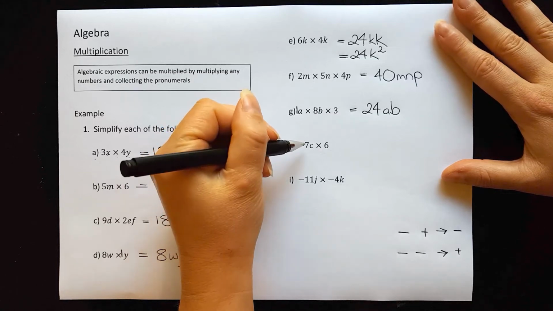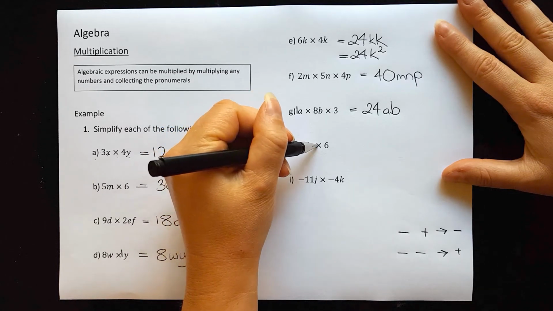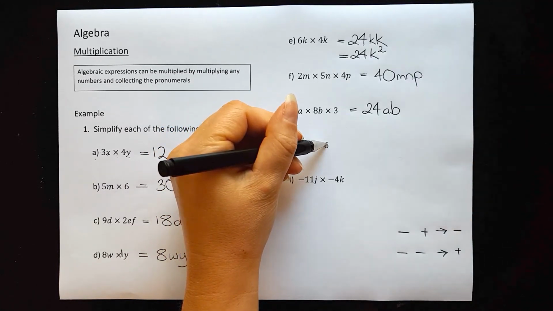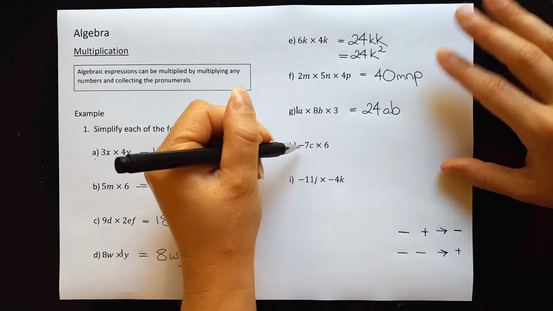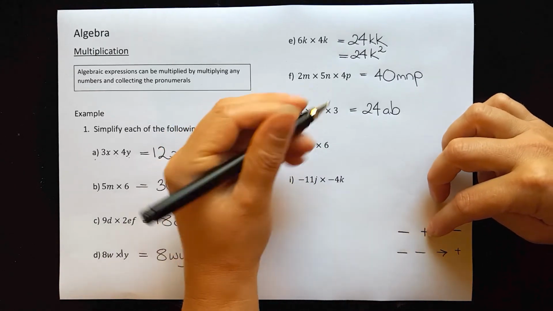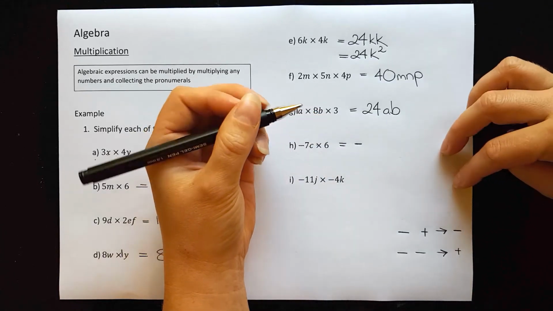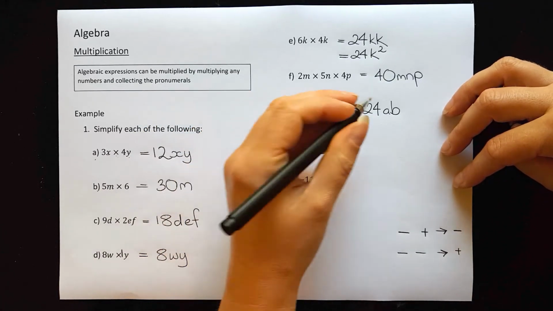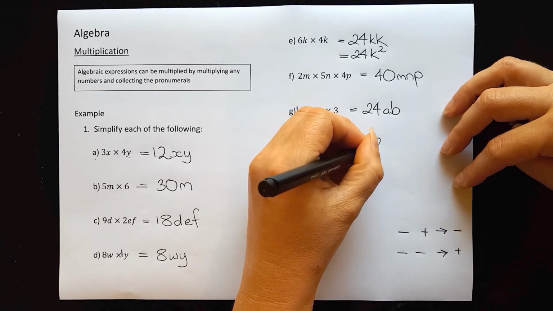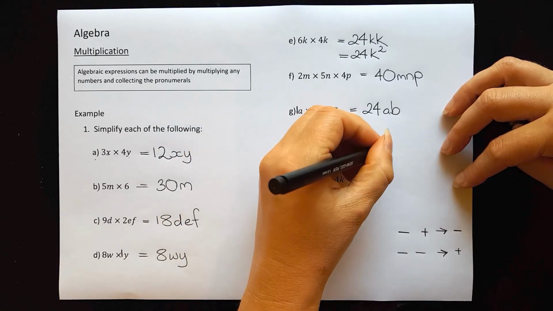So for H, we have a negative 7 times a 6, which is a normal positive 6. So we have a negative times a positive. That means that my answer is going to be negative. 7 times 6 is 42. And C is the letter.